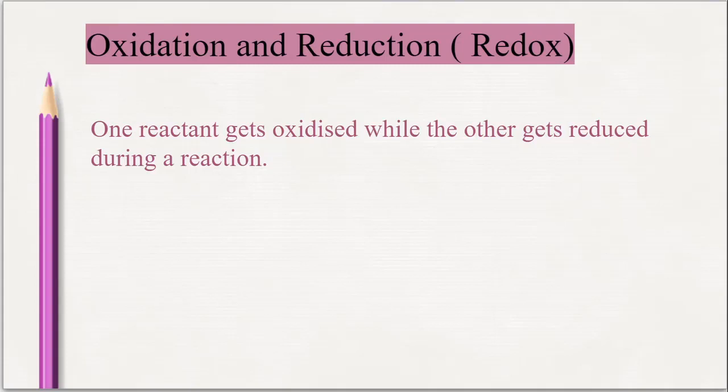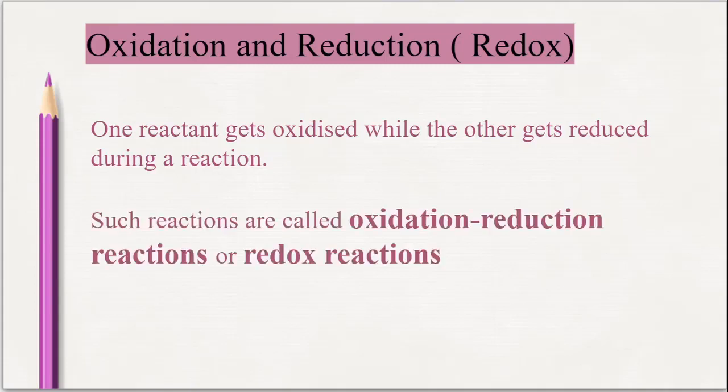Let us understand this line: suppose in the reaction one reactant gets oxidized, the other reactant gets reduced. It means oxidation and reduction both processes are happening together, so it is called redox reaction. Such reactions are called oxidation reduction reactions or redox reactions.